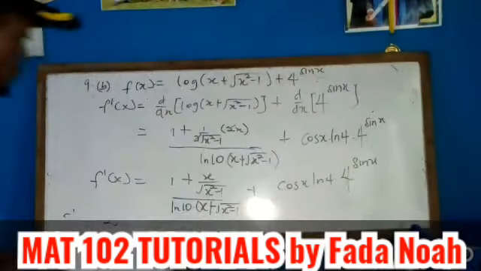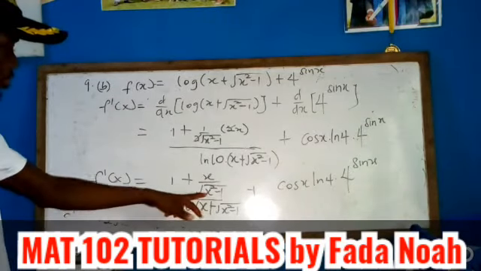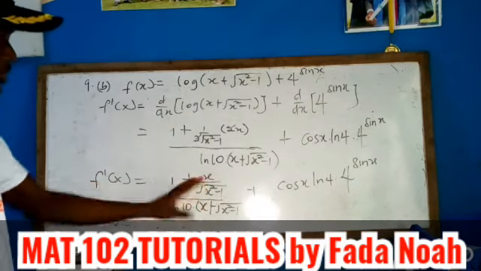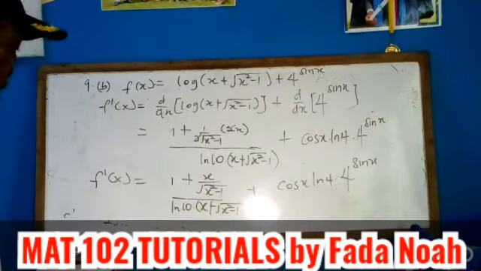And you can further simplify it, multiply through by the denominator here plus this 1 over, or you can just leave it that way. Okay, they are all accepted.